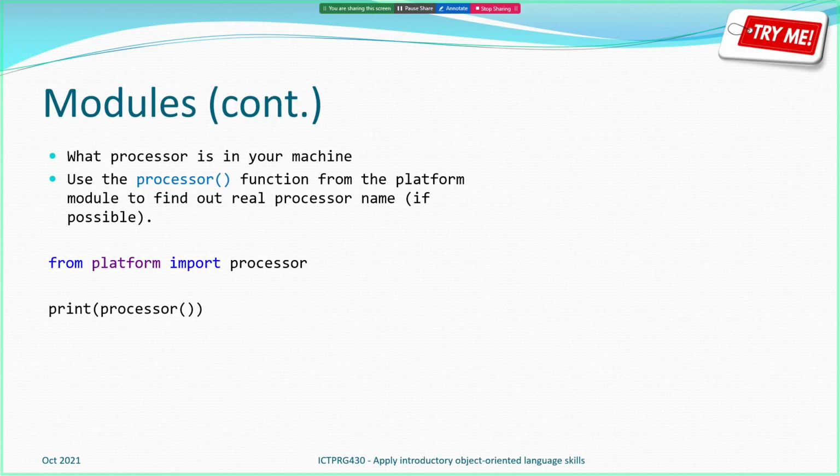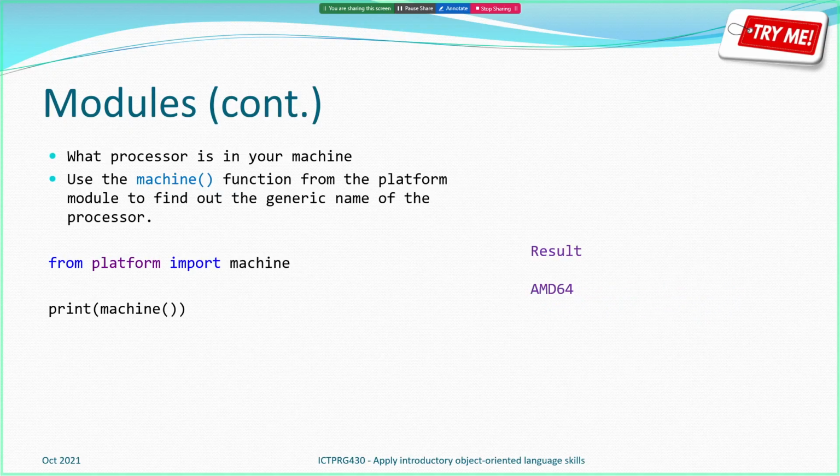So here we have the processor function, and we have the real name. So you can see the difference between those two functions. So I'll skip back.